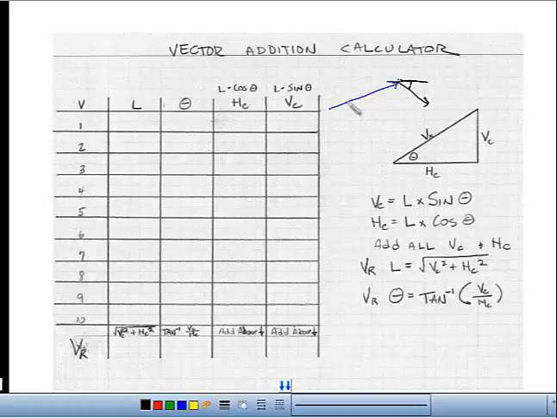As long as you do that, you will come up with a negative vertical number. So if you have, say, a negative 20 degree phase angle, you'll have a negative vertical.